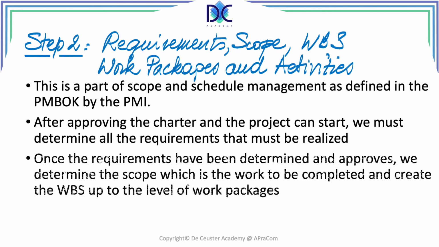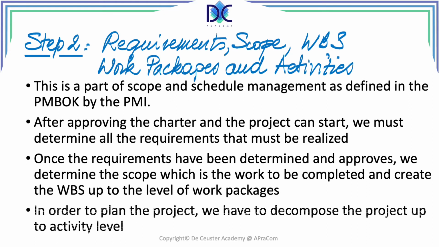Once the requirements have been determined and approved, we determine the scope, which is the work to be completed, and create the WBS up to the level of work packages. In order to be able to plan the project, we have to decompose the project up to activity level. And once we have the activities, we can go to the next step.